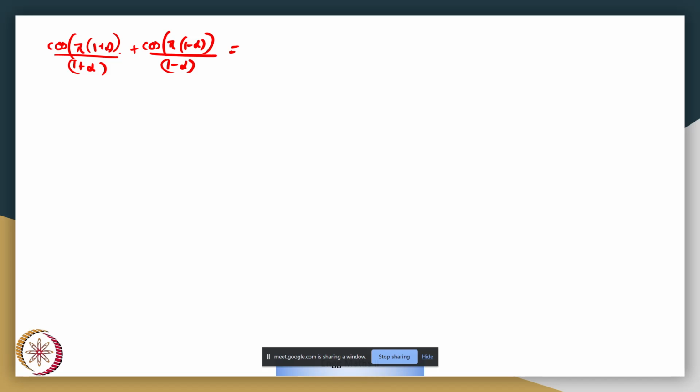And I'll multiply the first term's numerator and denominator with 1 minus alpha, and multiply the second term's numerator and denominator with 1 plus alpha. So it will give me (1 minus alpha) times the expansion of this term, so that is cos pi alpha minus sin pi alpha.